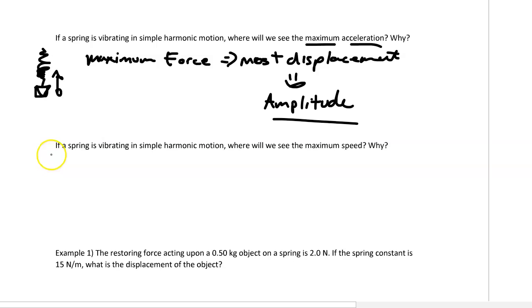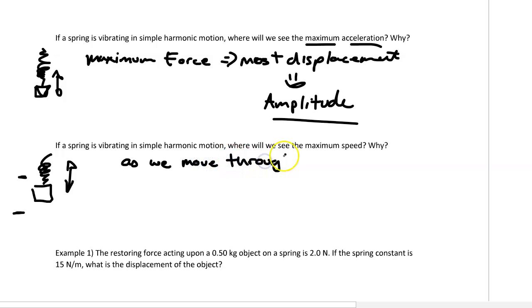Again, if we've got this spring moving up and down, and we've got amplitudes here and here, that's where we're going to see the most acceleration. As we move through the equilibrium is where we're going to see the maximum speed.